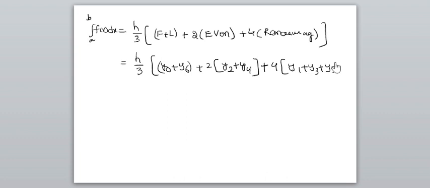Now substitute all these y values, h value as 1 by 3, and simplify each component and divide it by 3. So the final answer goes like 1.3662 approximately. So you have to substitute all these points and simplify.